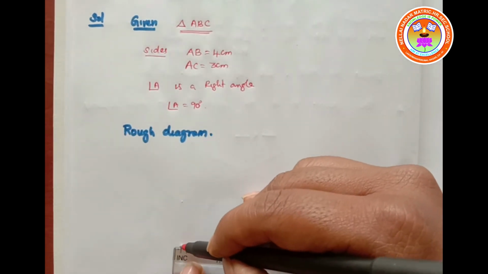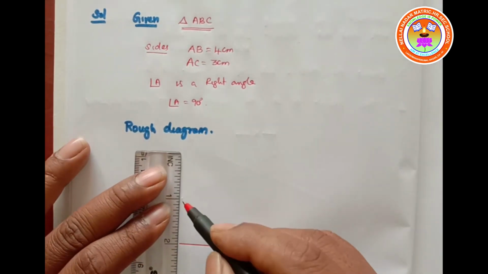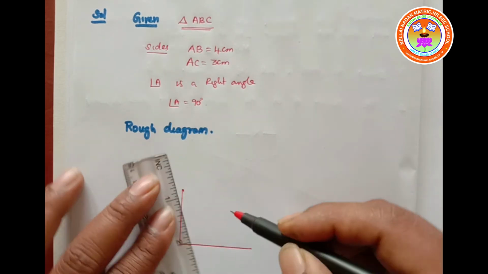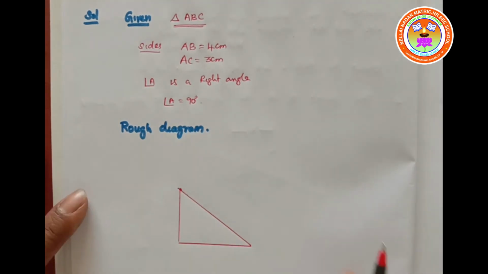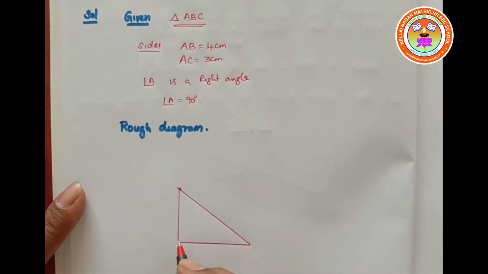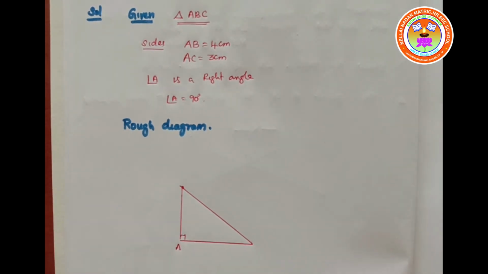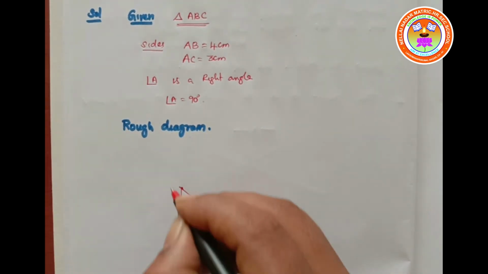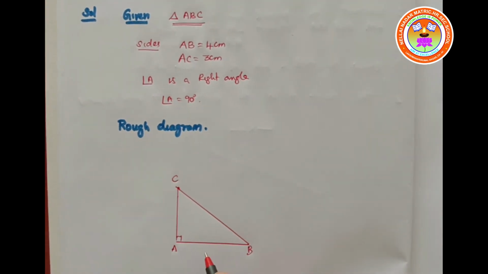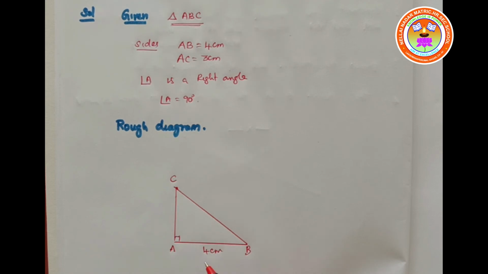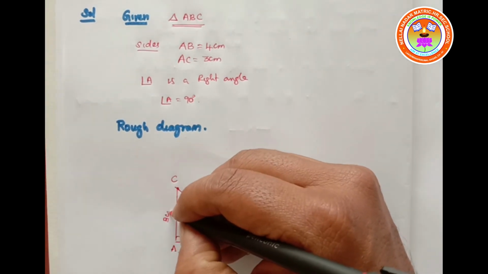So draw a rough diagram. Use right angle, children. So angle A is 90 degrees given. So I consider this A as here, right? Then B and C. AB is given as 4 centimeter and AC as 3 centimeter.